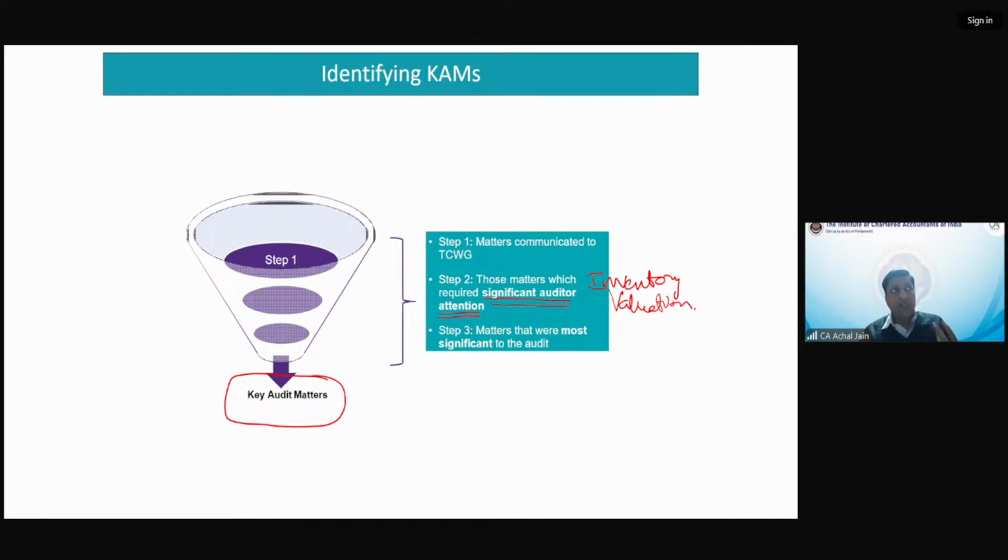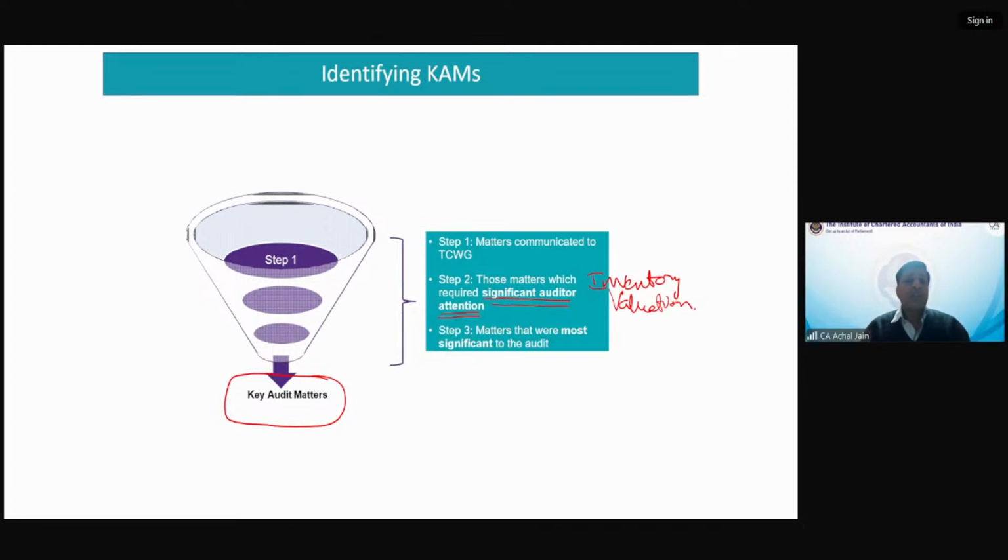And in terms of significant time, we can say significant time of senior members of the audit team was spent. Why? Because this was considered to be a significant risk area. So that's why a lot of attention was required. Significant time was spent on that particular area.